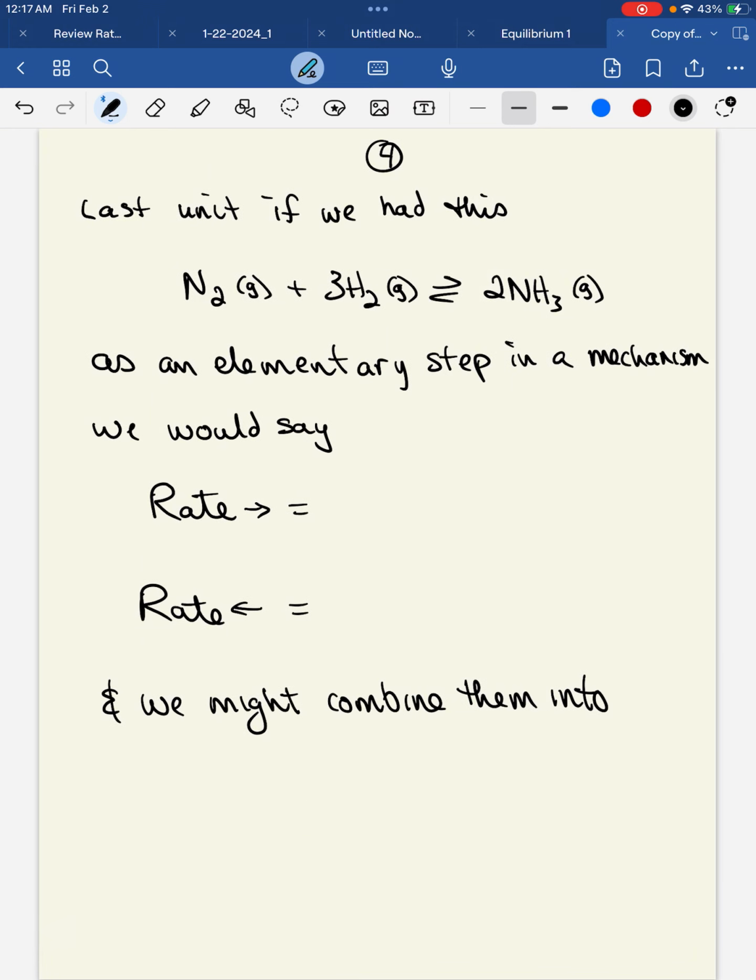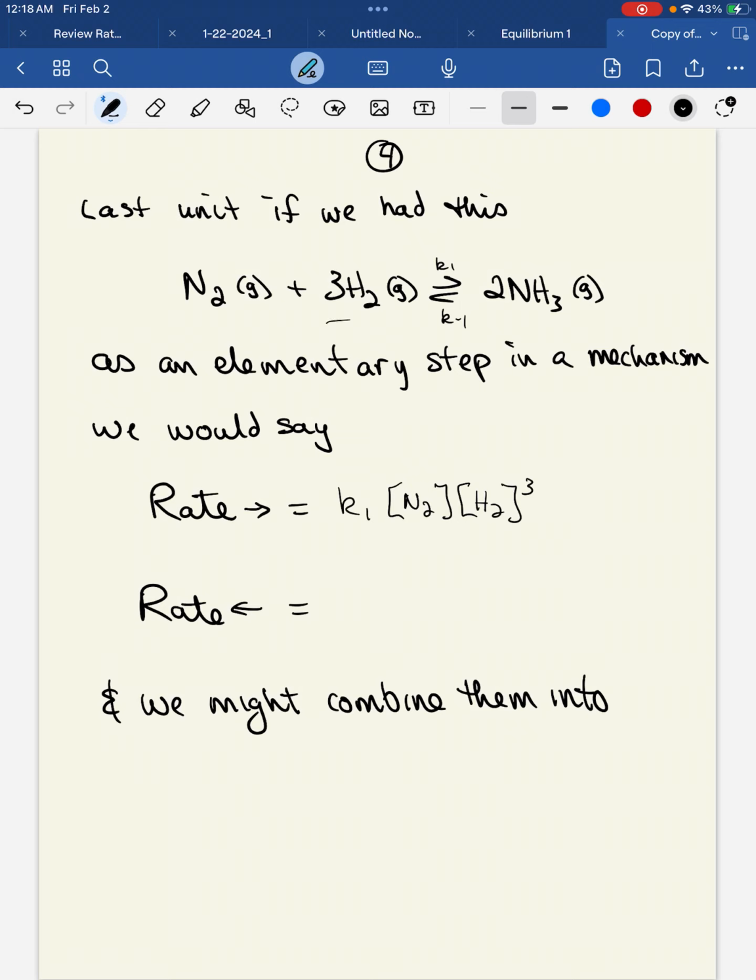So in the last unit, when we had an equation like this, if it was an elementary step in a mechanism, we would say something like the rate forward, and I'll put a little k1 and a k minus 1 up here. So the rate forward would be k1 times the concentration of N2 times the concentration of H2 cubed. It was elementary, so we go from the molecularity.